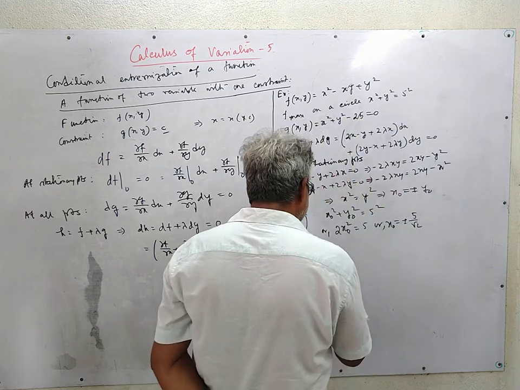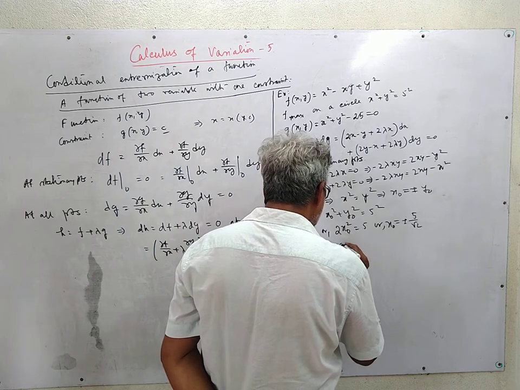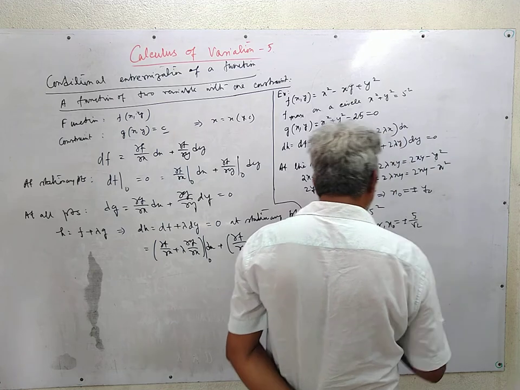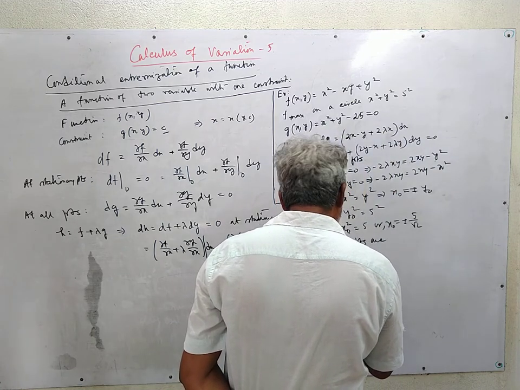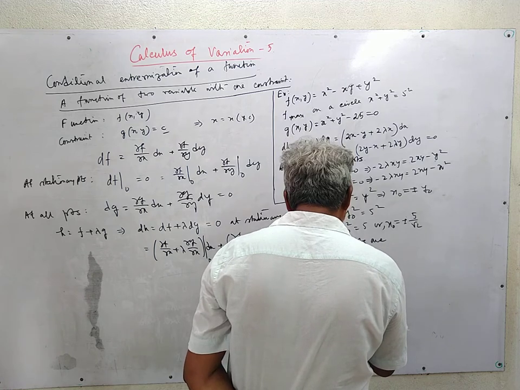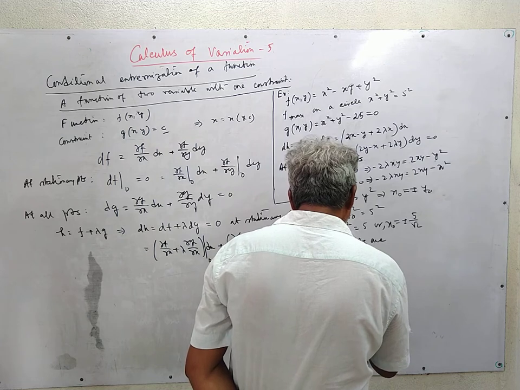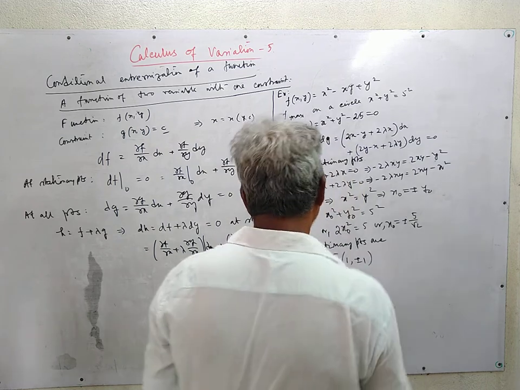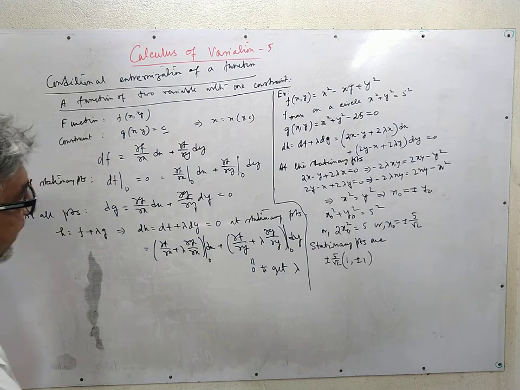So the stationary points are (±5/√2, ±5/√2). So there are 4 points on the circle at which the function f may have either a maximum or a minimum.